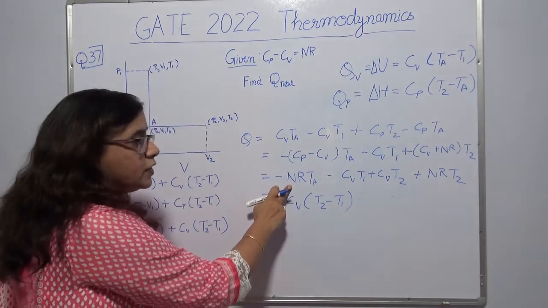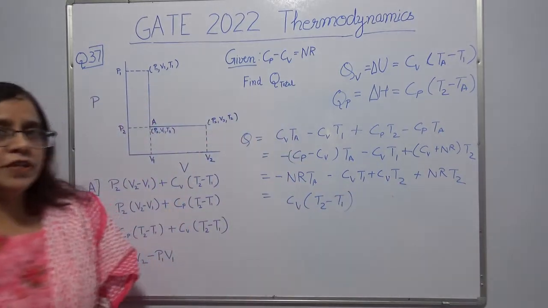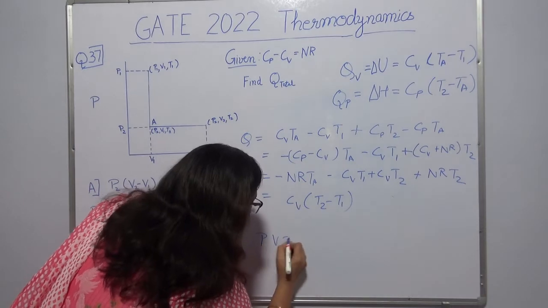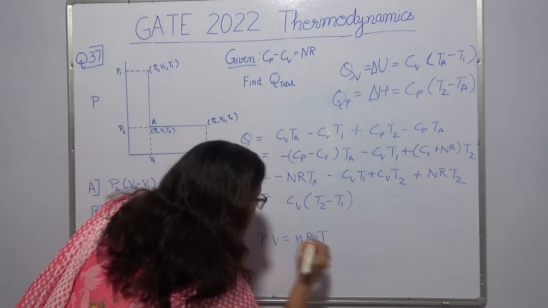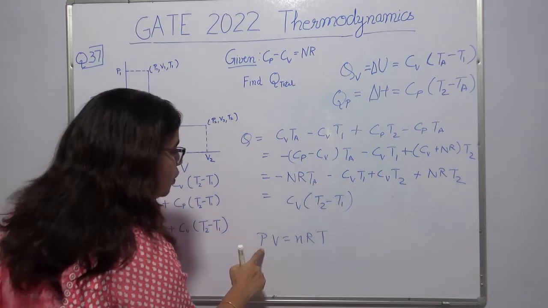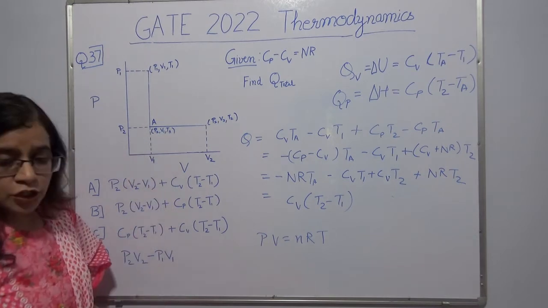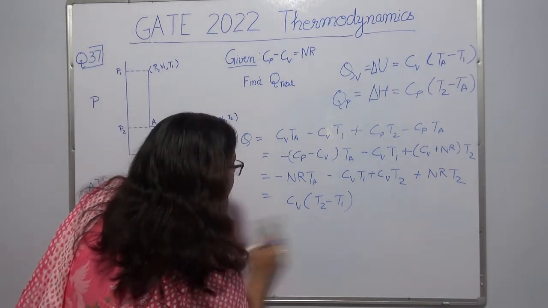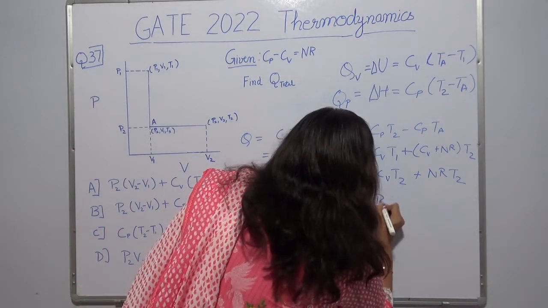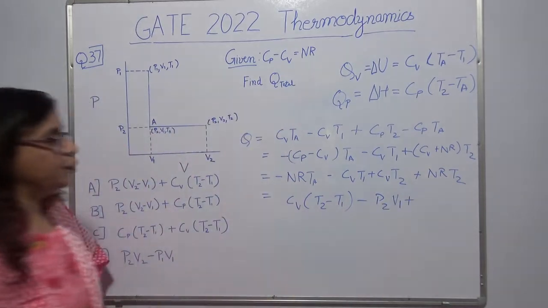Now for simplifying these, I am going to use the definition of ideal gas, which is PV equal to nRT. So now nR TA is given. TA at that point, what is your P and V? That is P2 V1. So instead of nR TA I am going to write P2 V1, so it is minus P2 V1. Now let's see nR T2.